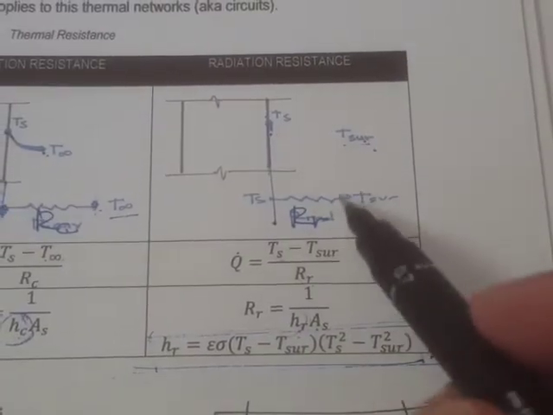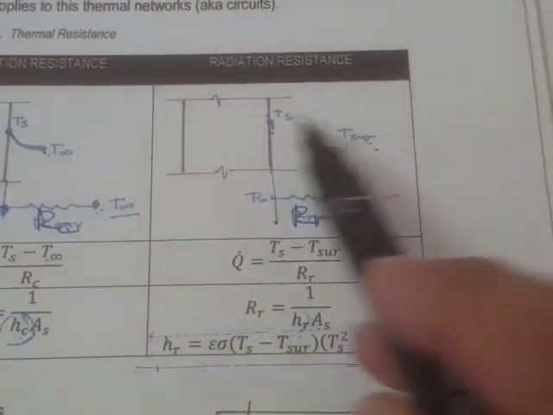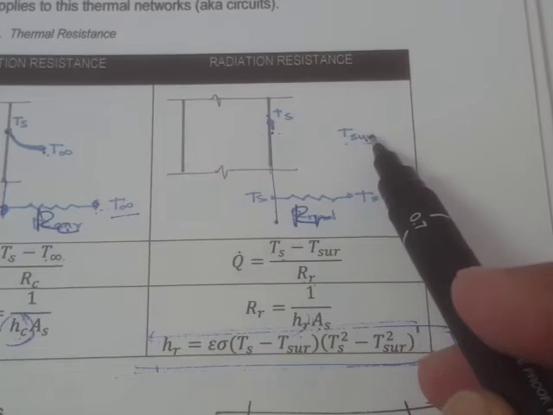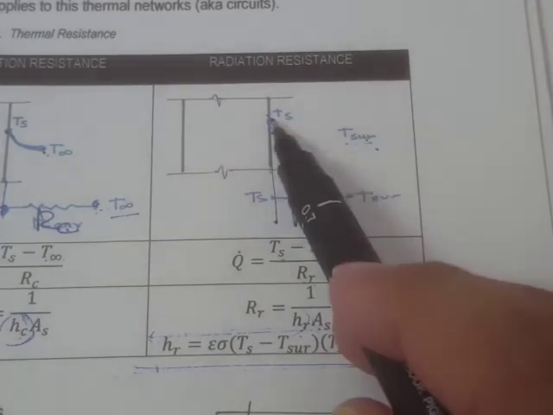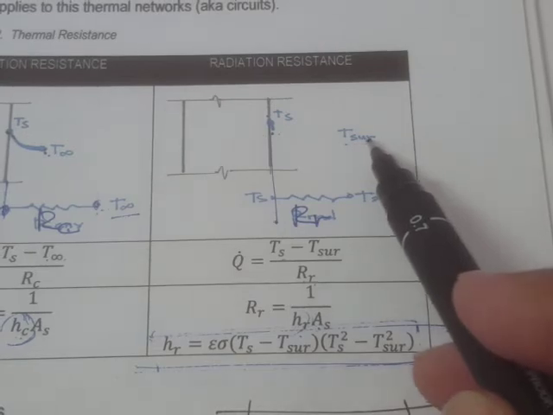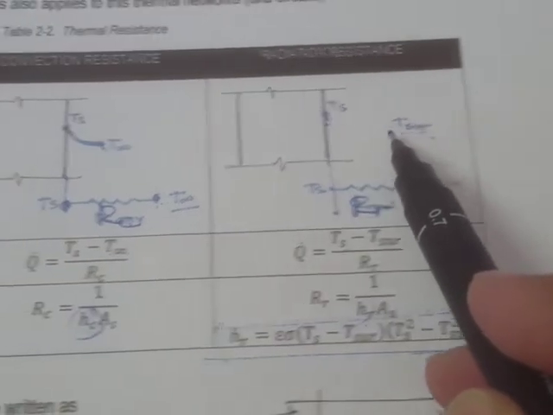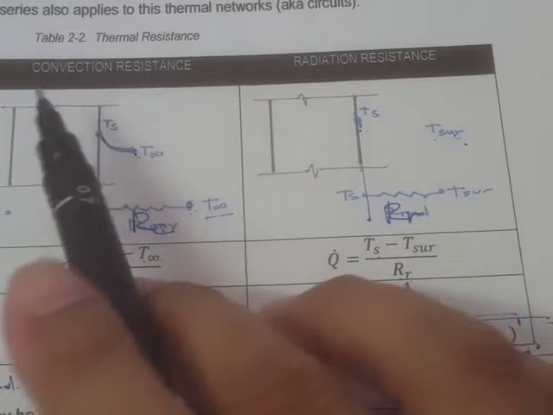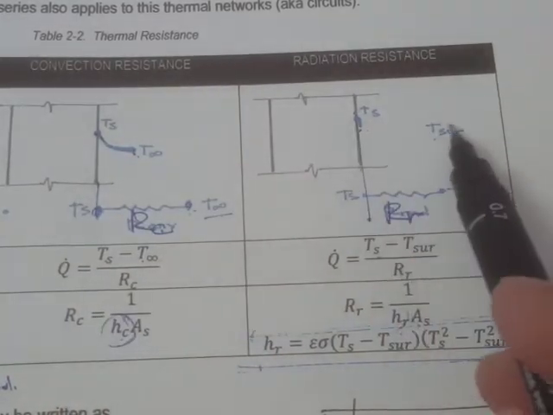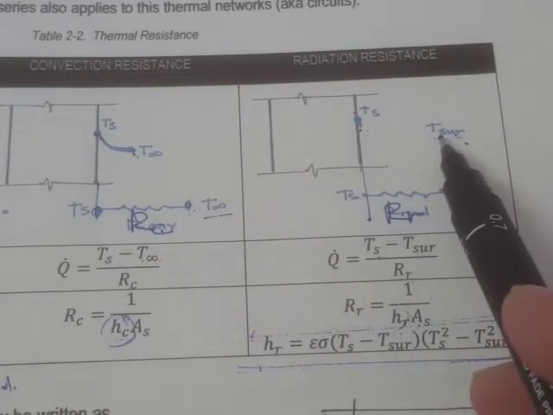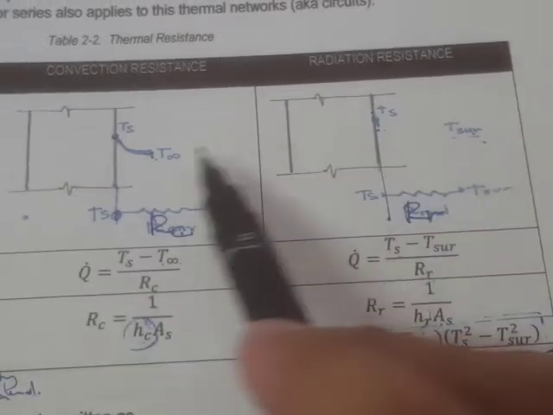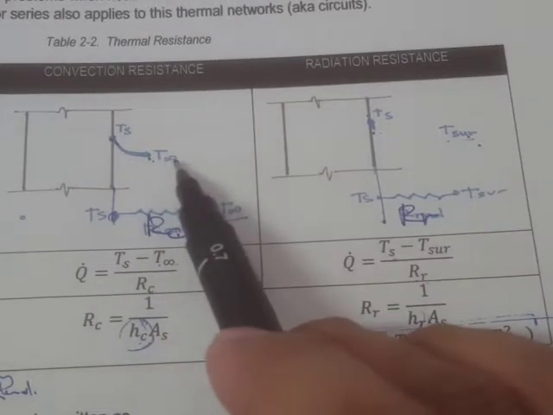And for radiation resistance, again, the driving force is just the difference in temperature between the surface temperature and the temperature of the surroundings. So the difference between convection and radiation is that this one is based on the surroundings, whereas convection is based on the fluid temperature.